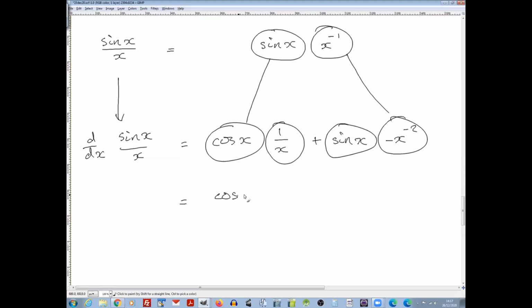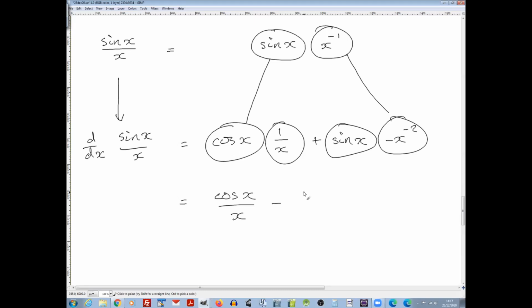Yes. And then this term is negative, so I'll put a negative what? Negative x to the minus 2 sine x.